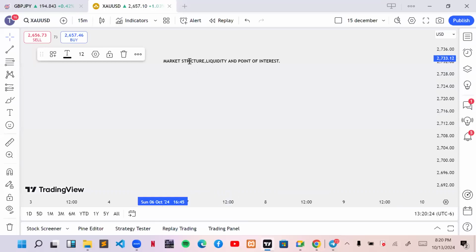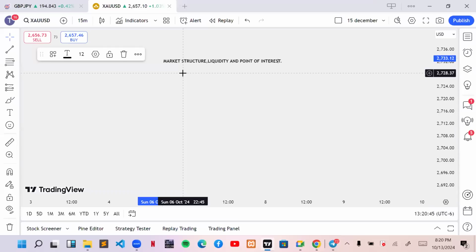That's my strategy. When I open up my charts, the first thing I look out for is the market structure. Second thing I look out for is my liquidity, and then the third thing is the point of interest. That's the only three things I pay attention to when I open up my charts. So I'm going to take market structure first, then liquidity, then point of interest.